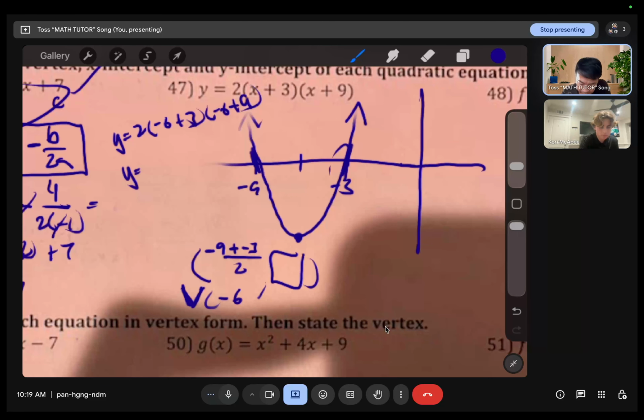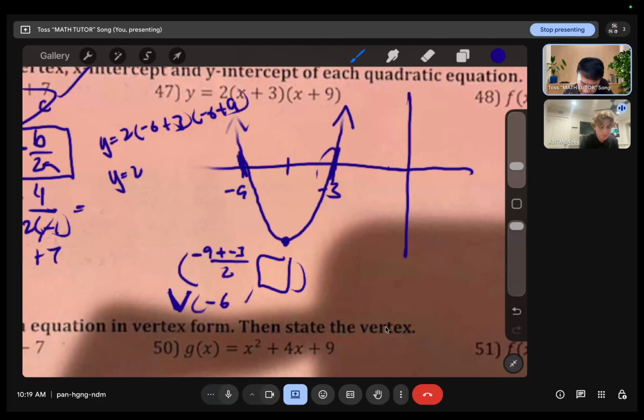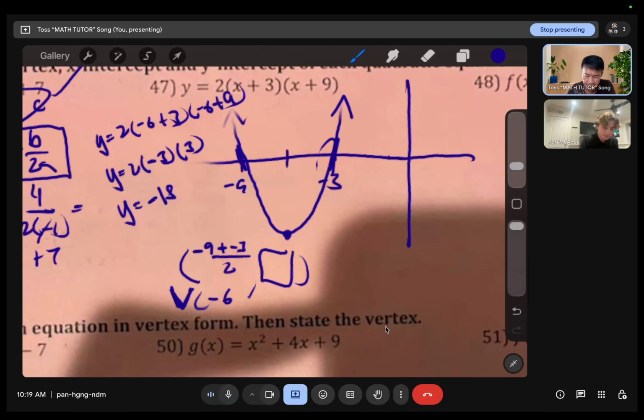So y equals 2 times -3 times 3. It's fine to have a fraction, okay? So what is that? -3 times -3, -9 times 2, -18. So it's way down there. So the graph is way down there.